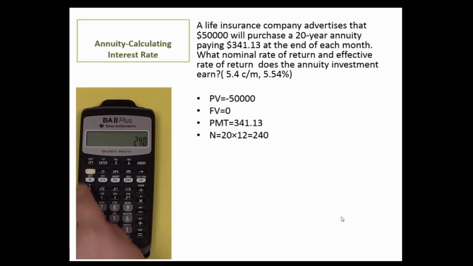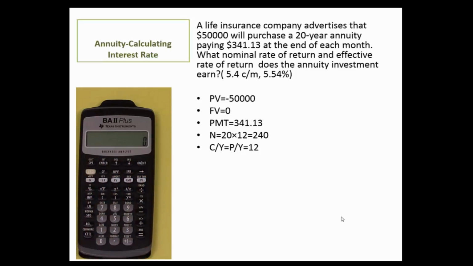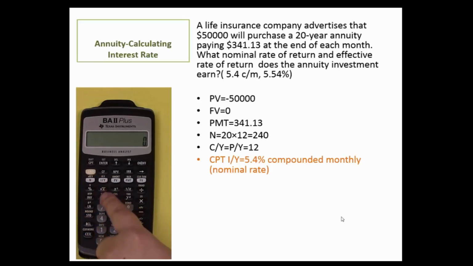And N to 240. The compounding value is 12. Then press Compute IY, which gives you an answer of 5.4% compounding monthly.